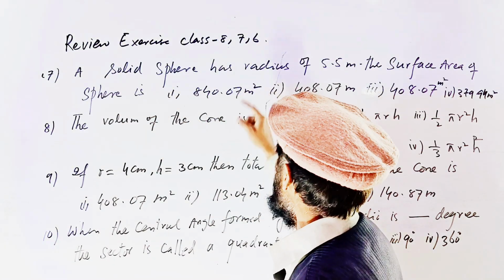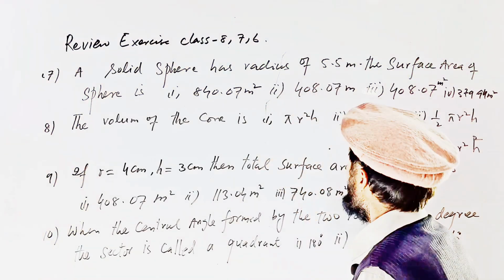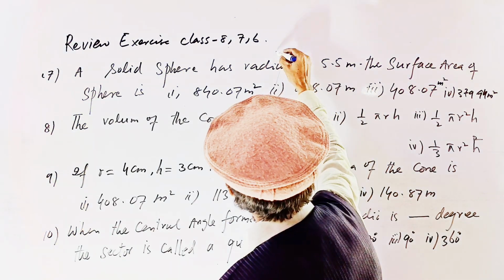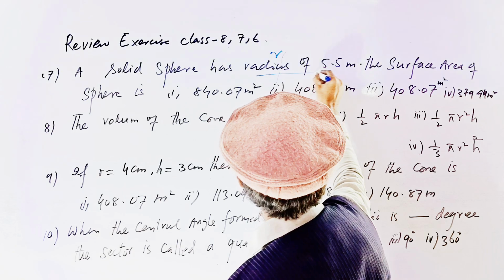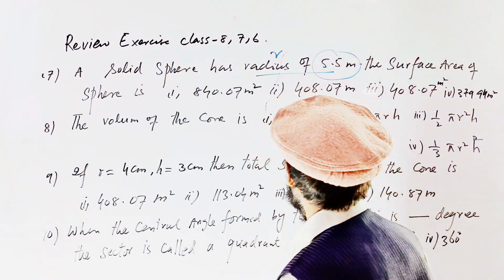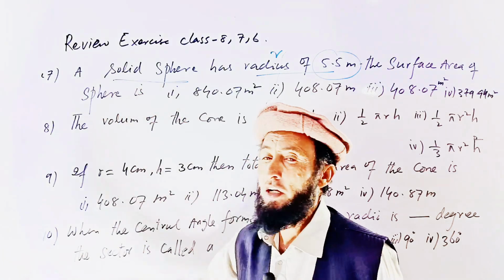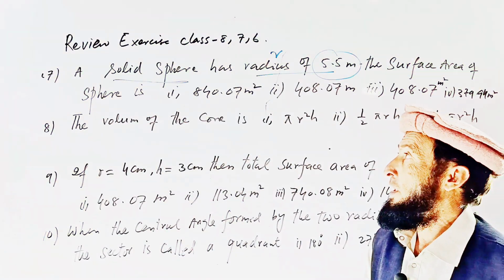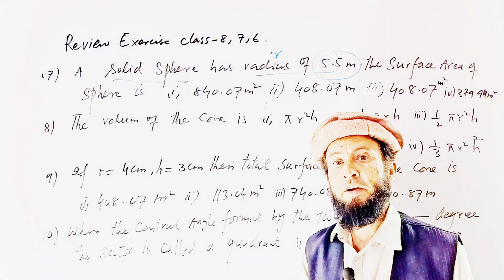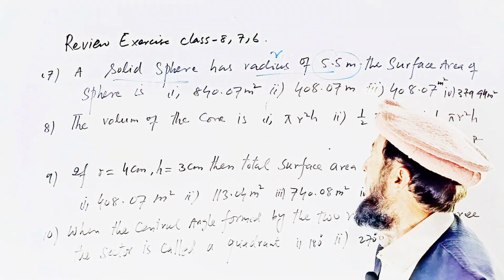A solid sphere has radius r given as 4.5 meter. What is a solid sphere? A solid sphere is not empty from inside, just like a cricket ball.